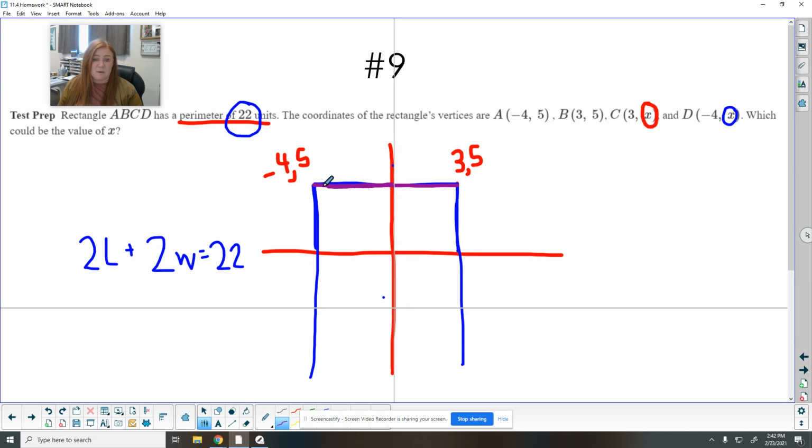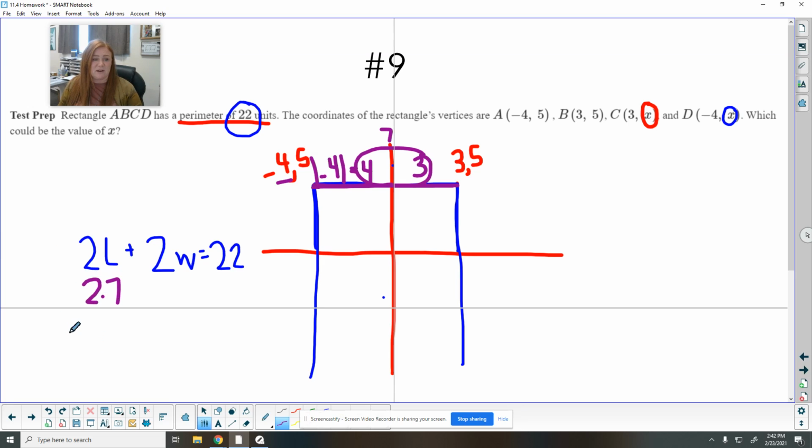So to get from 0 over, we went -4, which is an absolute value of 4 units. To go from here to here, we went over how many? Over 3. So we know 4 plus 3 is 7. So our length is 7. We have 2 of these.